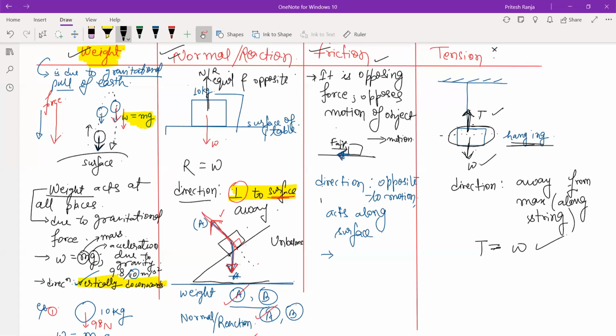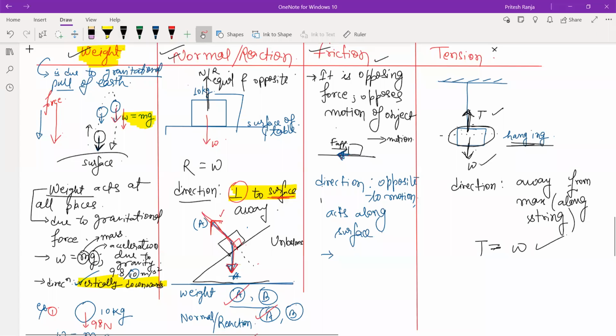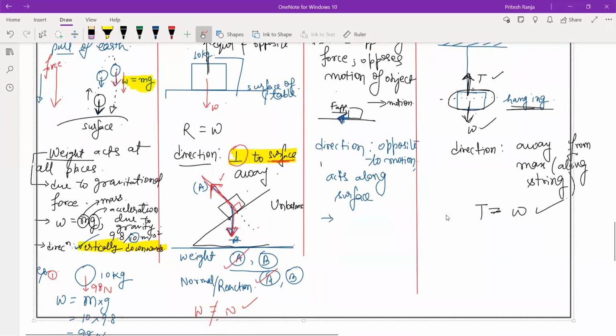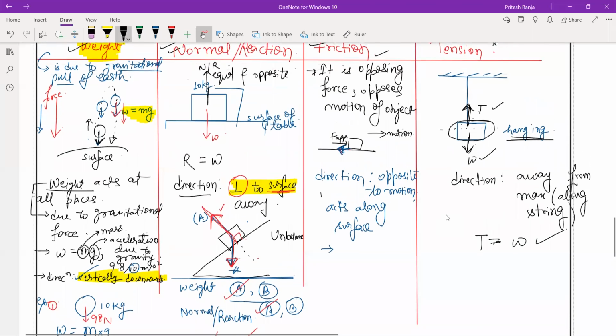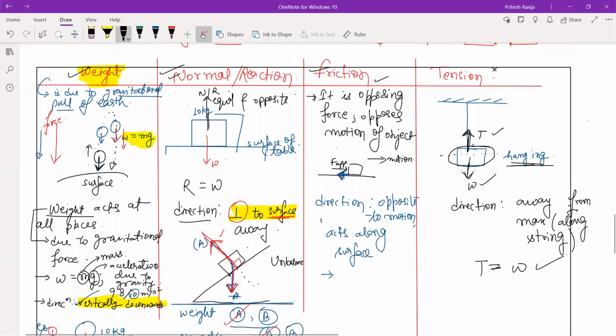This force we don't need that much, but yes, we need the knowledge of weight, reaction and friction in this chapter. So before we move ahead, everyone should tell me, about what we have just studied related to weight, normal reaction, friction and tension, are there any doubts? Otherwise there will be a problem ahead. No, sir, no doubts.